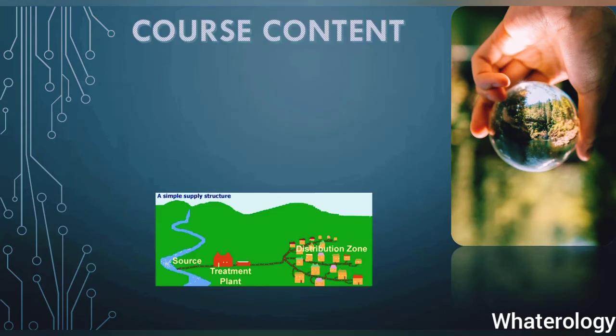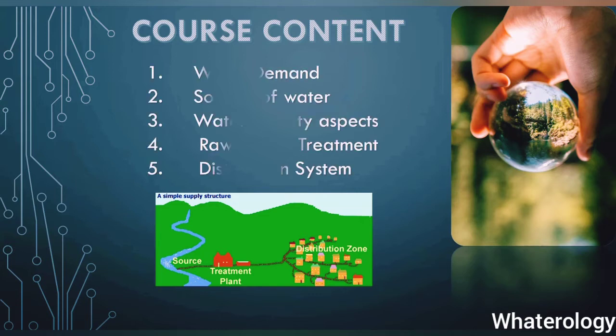So we will first talk about the course contents, that is, why we need to have a course on water supply engineering, because we know that it is a very vast subject, so we need to subdivide it into various smaller constituents. And the first thing is water demand, sources of water, water quality aspects, raw water treatment, and distribution system. We will talk about each one of these separately.